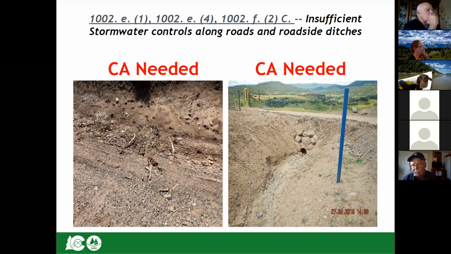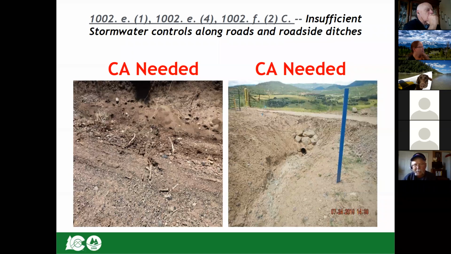The photo on the right, if I remember right, was draining 13 or 14 acres of total disturbance through a small hunk of casing. That's not even a corrugated pipe that they put underneath there. A couple rocks on there. I'm not sure what the function of that was supposed to be, but it just backs up.